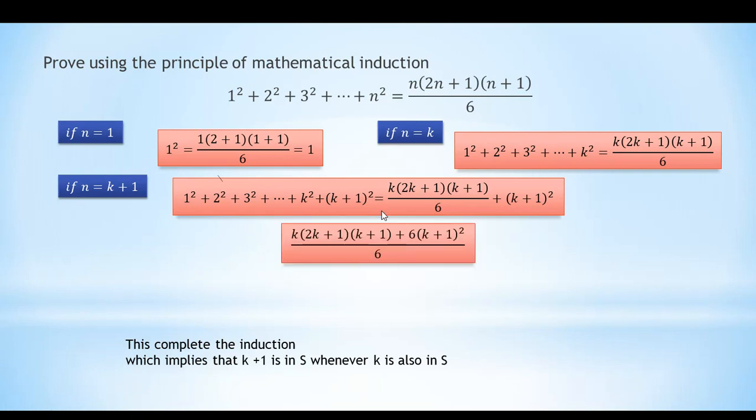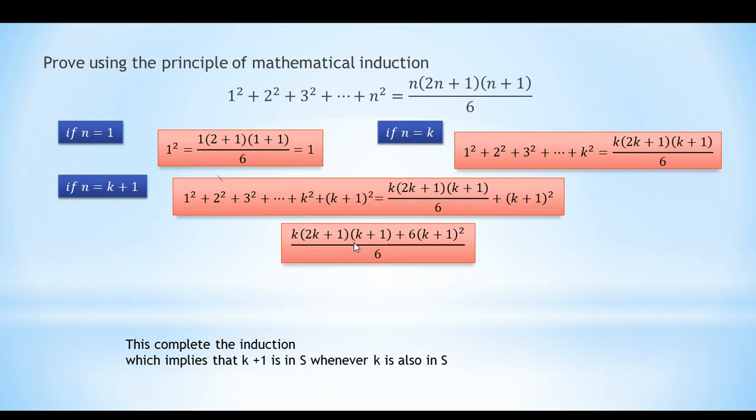Now, working with the right-hand side of the equation, we will have k(2k plus 1)(k plus 1) over 6 plus (k plus 1) squared, by cross multiplication or by simplifying.